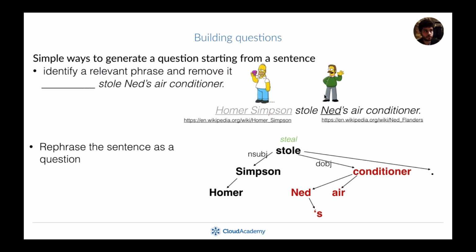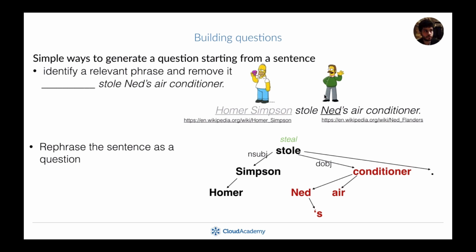It may sound too detailed, but actually it allows to group tokens together, so that if you remove some of them, you do not leave parts of the sentence which do not make sense anymore due to the removal. In other words, if we want to remove the direct object of the sentence, which is conditioner, we also want to remove Ned's and air, because otherwise those parts of the sentence would not make sense anymore.